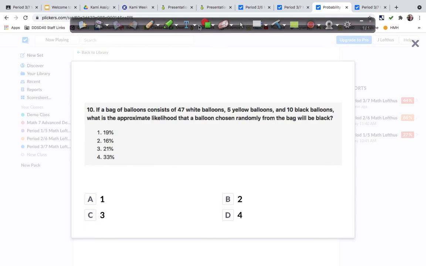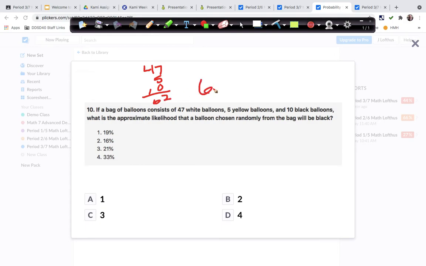Okay, so this one had a bag of balloons consisting of 47 white balloons, 5 yellow balloons, and 10 black balloons. What is the approximate likelihood that a balloon chosen randomly from the bag will be black? So I'm going to add 47 plus 5 plus 10, and I'm going to get 62.